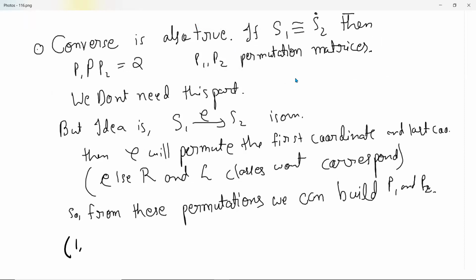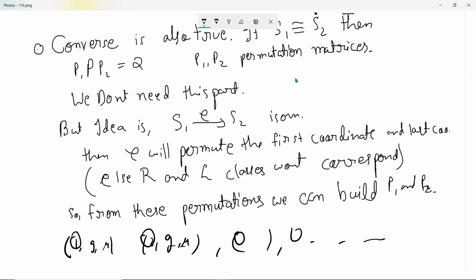You take the first coordinates, and you keep these to be the same and so on, right? And then if you apply phi to this, then this would just get permuted. I mean, the first coordinates will just permute in the sense that phi of i comma g comma mu cannot be equal to phi of j comma g comma mu.